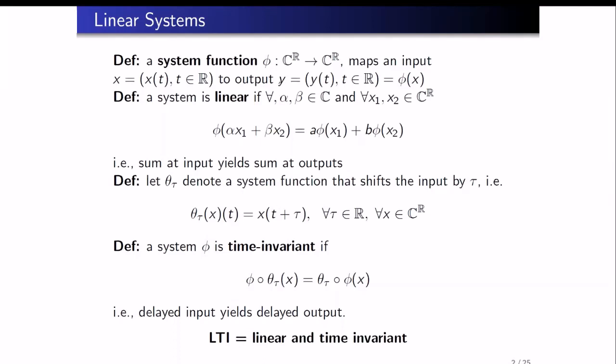So the system is linear means you can apply the scaled summation of two inputs, and you can expect the output to also be the scaled summation of the two outputs.